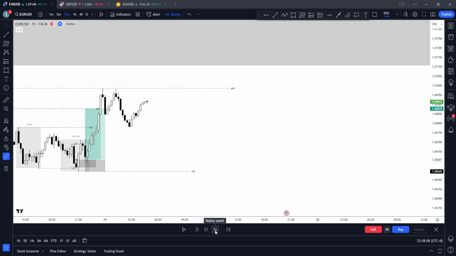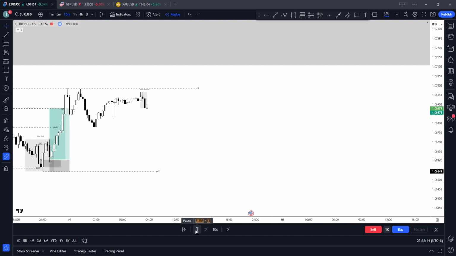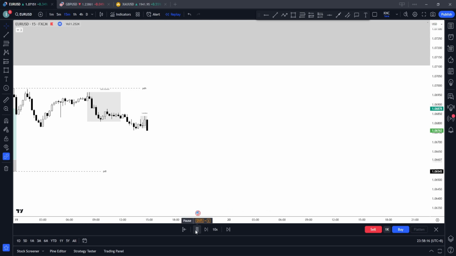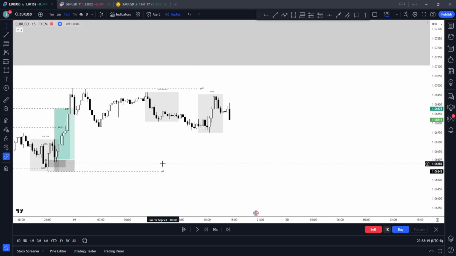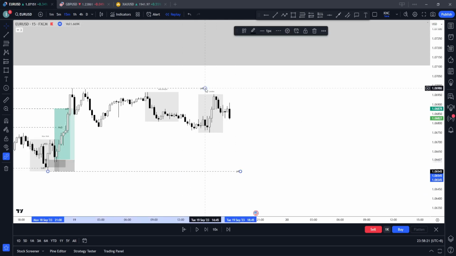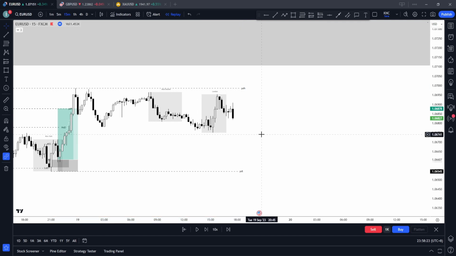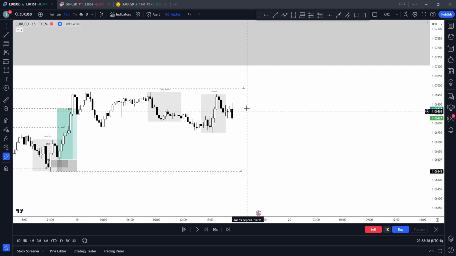Let's fast forward to the London session. We are now at our London session, so let's mark again this initial low of day and our high.